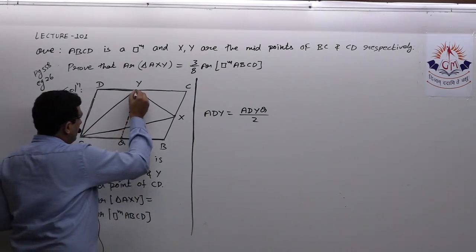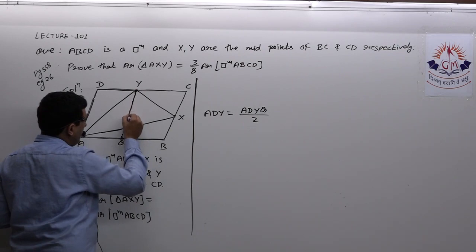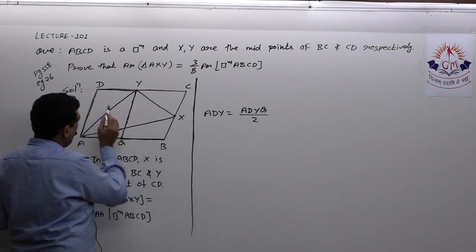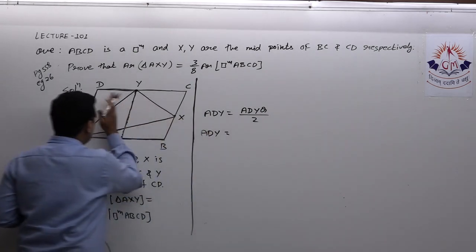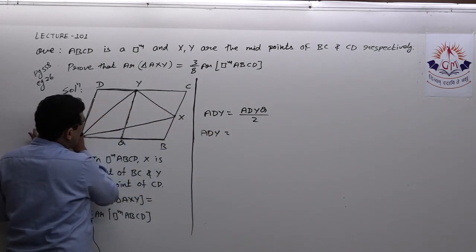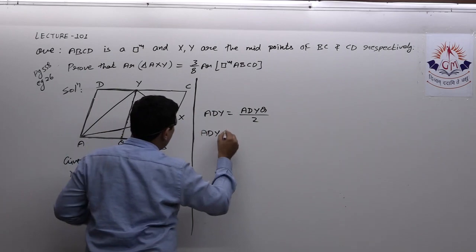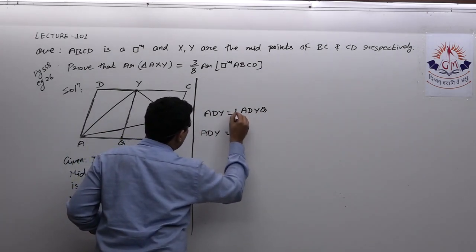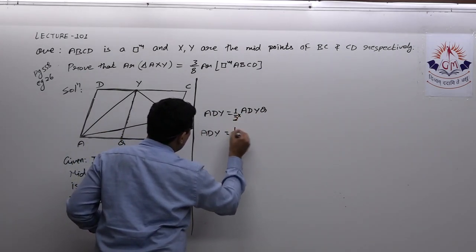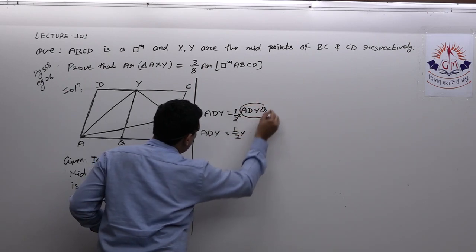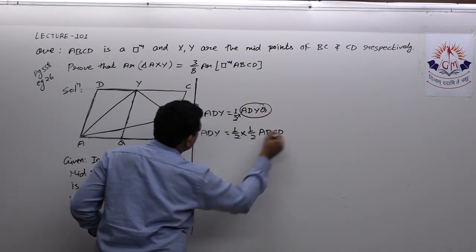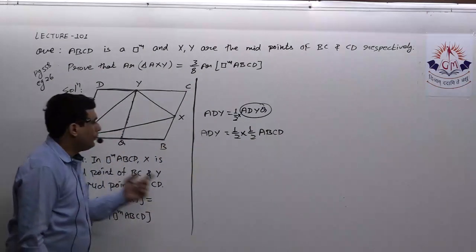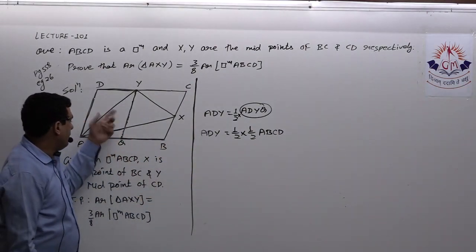Also, this is the midpoint, and this will also be a midpoint. So this parallelogram ADYQ on the left-hand side is half of ABCD, which we can prove.